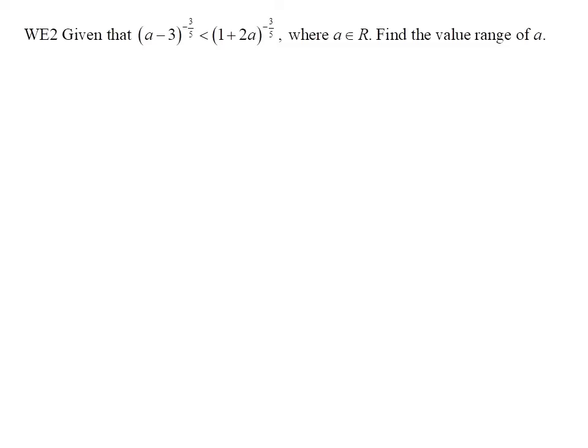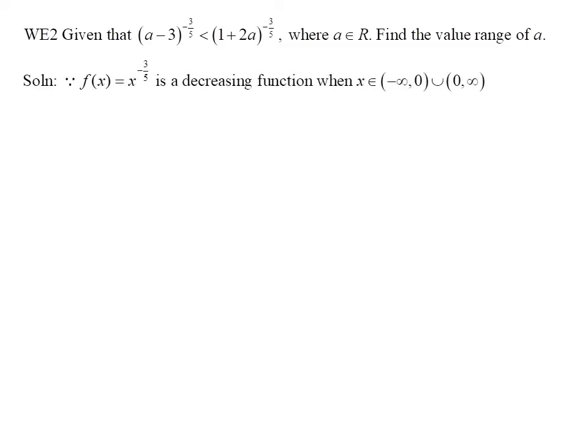Before analyzing this inequality, let's take a close look at the function f(x) equals x^(-3/5) first. Based on the rule of f(x), the domain of the function is all the real numbers except the 0 point. f(x) is also an odd function, which means f(x) is symmetric to the origin.